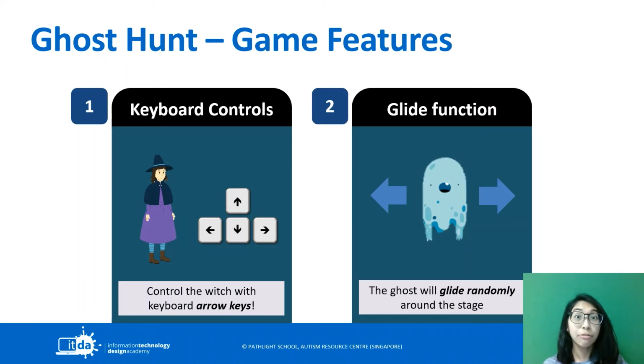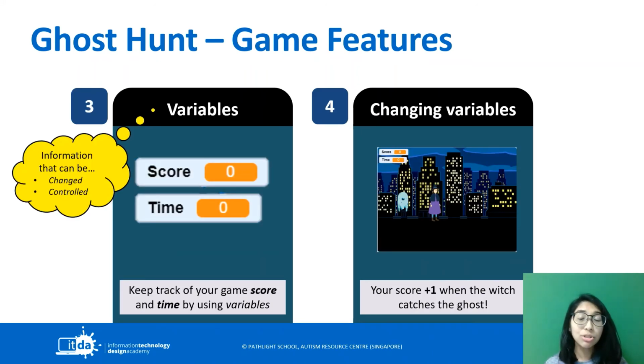Let's look at some features of today's game first so we know what we're going to code. For today's Ghost Hunt, we're going to have keyboard controls again. When you press your arrow keys up, down, left, right, you should be able to move your witch sprite around the screen. And your ghost is going to glide randomly around the whole screen. What else today? This is new.